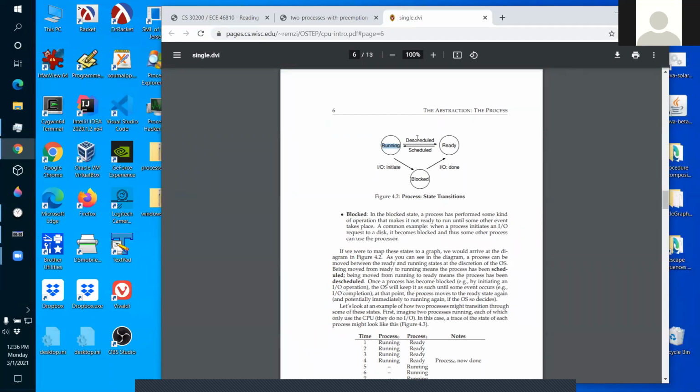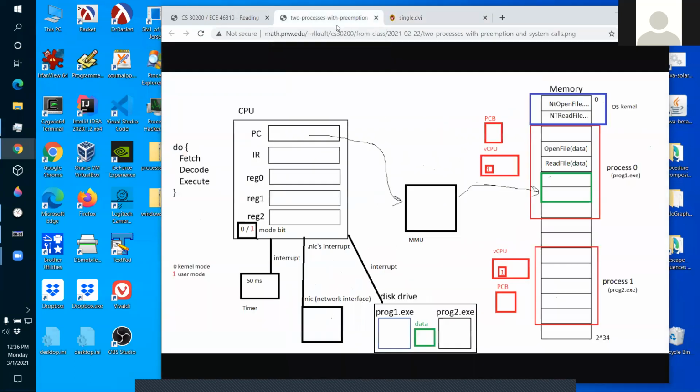Remember the sequence: if a process is ready and it's made running, that's a context switch. One of them is running, you stop running that one and start running this one. For the one you're switching from, you take all its CPU registers and put them in its process control block.